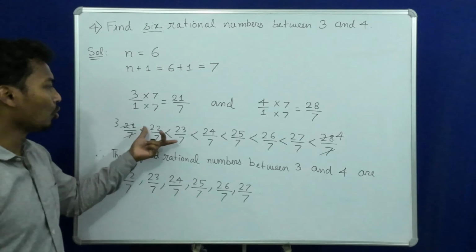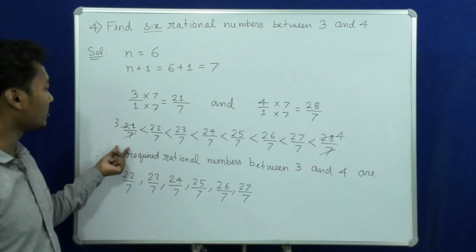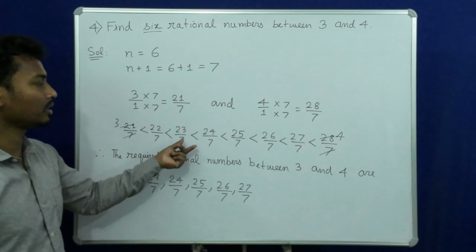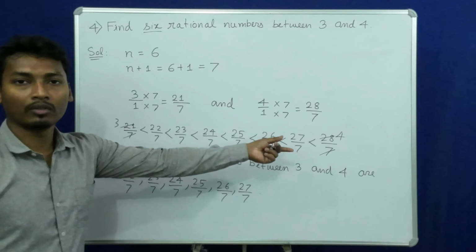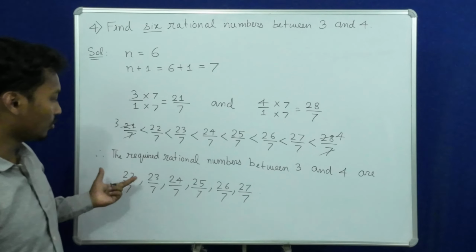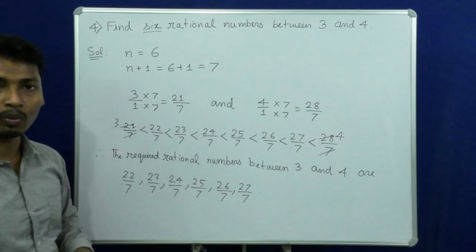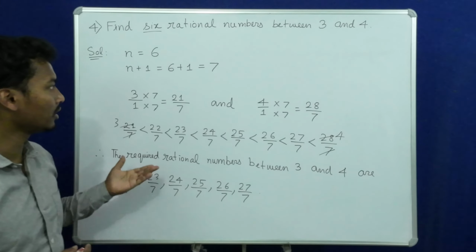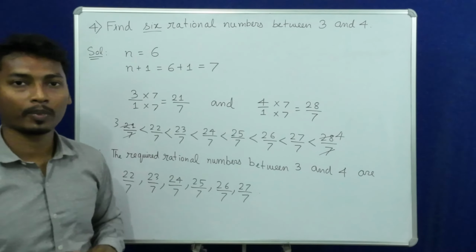So you can go one more step after this, where you can represent 3 less than 22 by 7, less than 23 by 7, less than this till less than 4. So this is your required 6 rational numbers between 3 and 4.